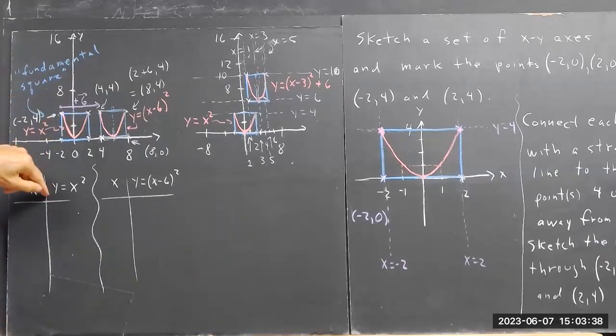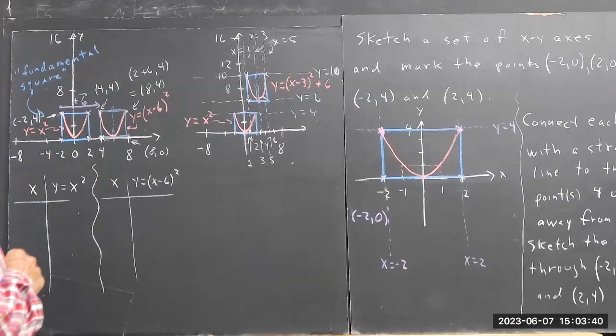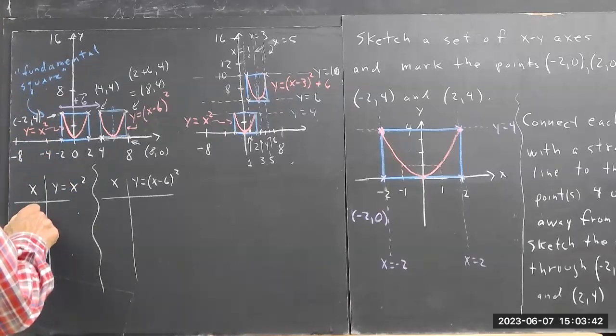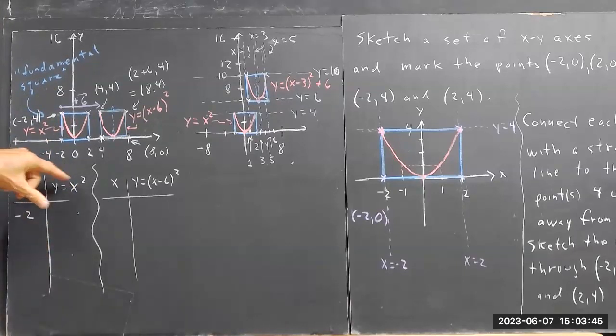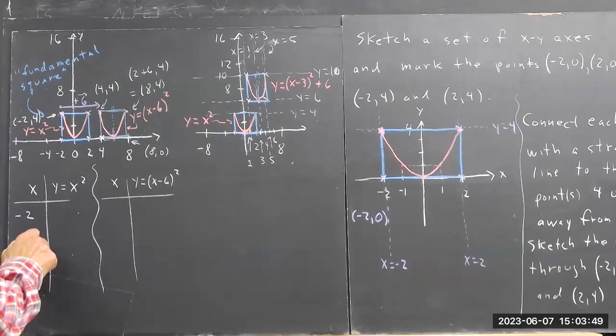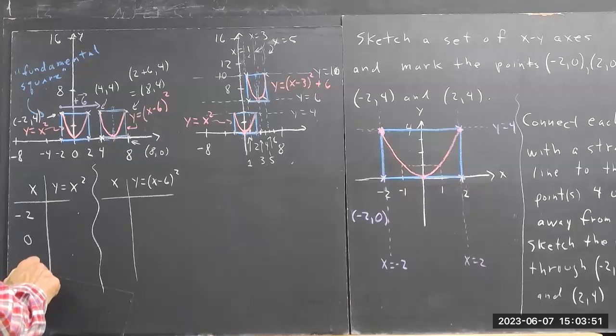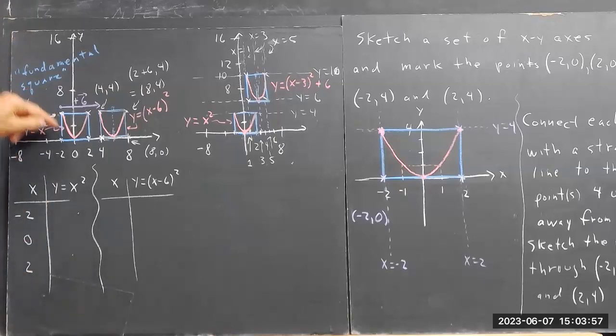If this is a graph of y equals x squared, then when x equals -2, what do you get when you square -2? If x equals 0, what do you get when you square 0? And if x equals 2, what do you get when you square 2? Now you should get 4, 0, 4, because then you would match the points at the corners of this fundamental square.